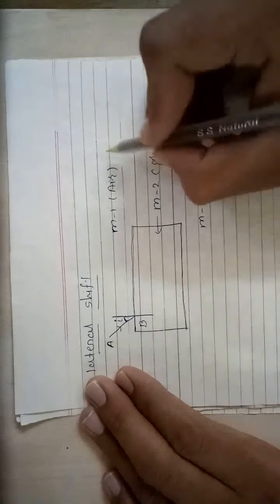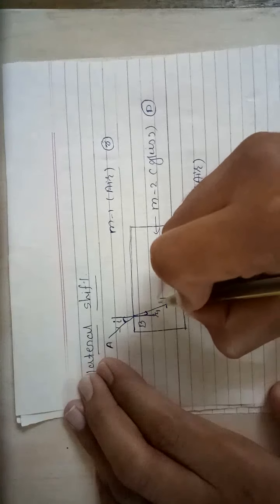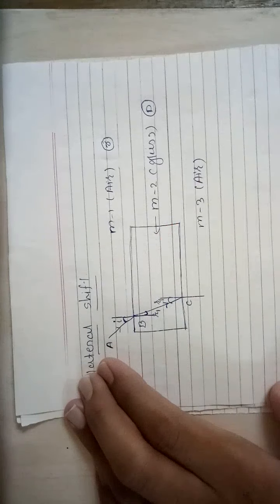So the ray passes like this; this is our refracted ray BC, and this is the normal. This is the angle of refraction, which we denote by R1. By geometry, if this angle is R1, this is also R1.